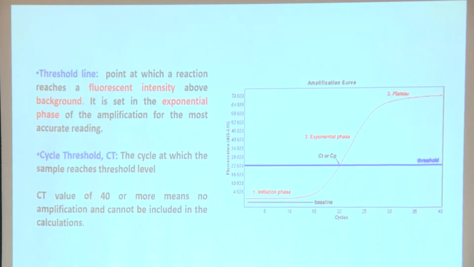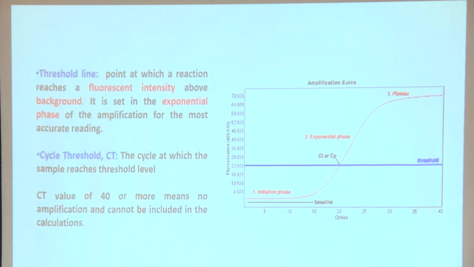Threshold line, another terminology: the point at which a reaction reaches a fluorescent intensity above the background. It is set in the exponential phase of the amplification for the most accurate reading. It is always somewhere in the midpoint of your exponential phase.